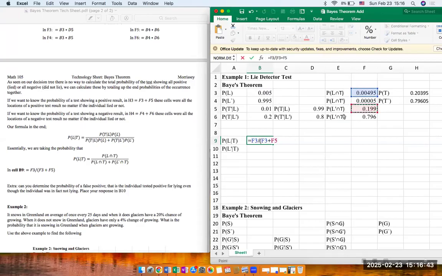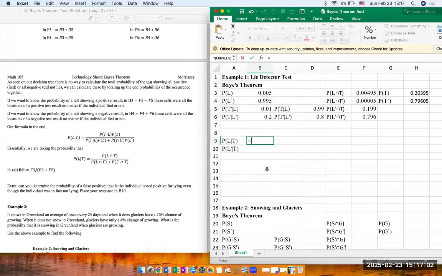Again, an instance where we tested positive. We could also do it again. Instead of dividing it by those values, we can just divide it by the total times that your test has come out negative. And there you go. So either one of those formulas is perfectly fine.